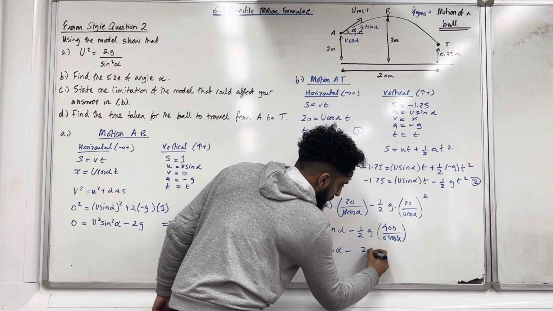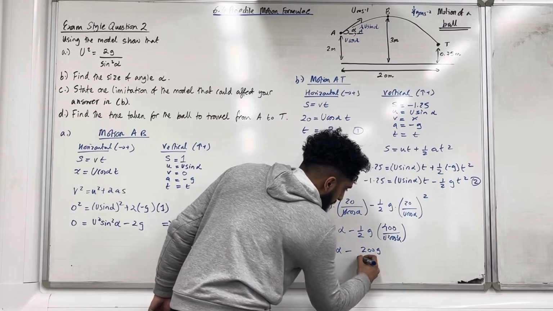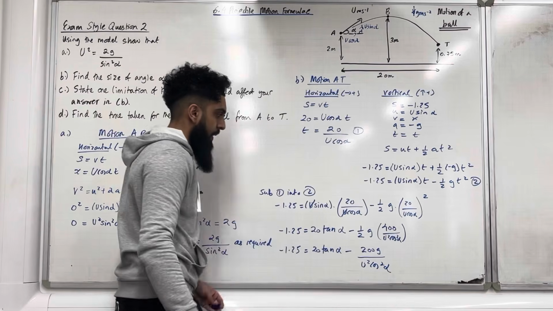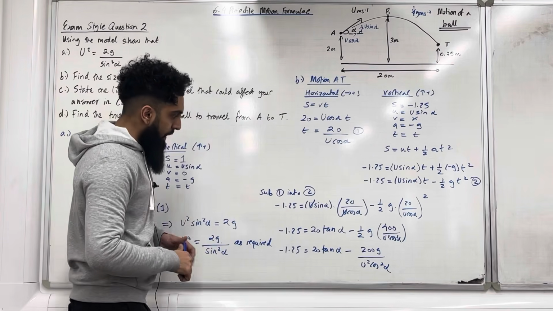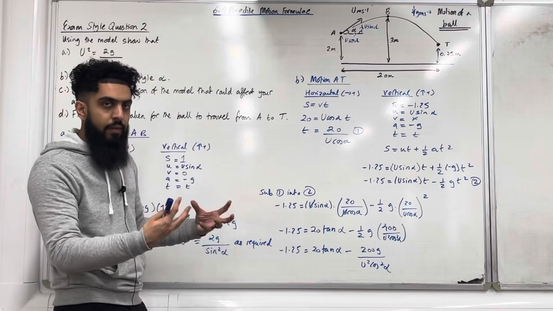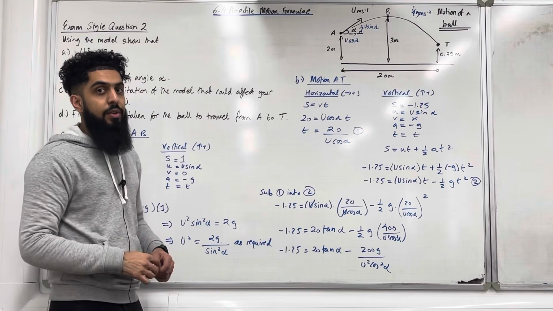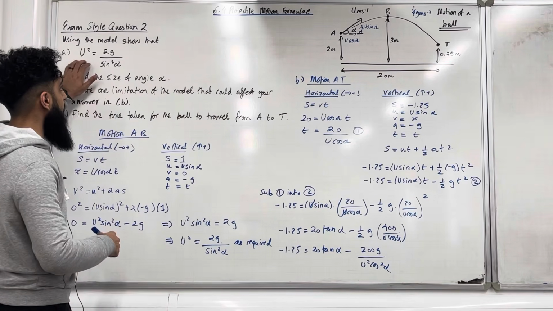So we have 200 g over u squared cos squared alpha. Okay, so now we've got an equation involving alpha, but we also have the u squared. We're going to have to eliminate the u squared using our result in part A.